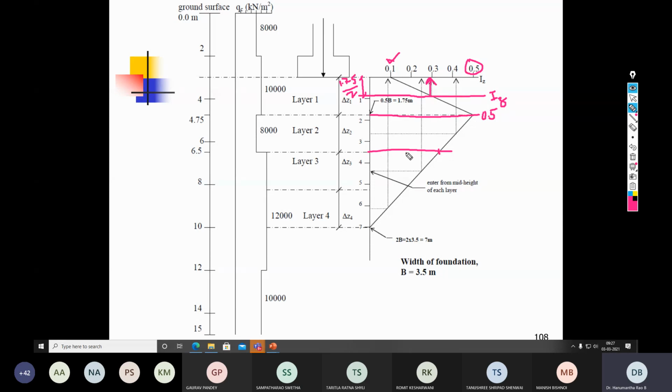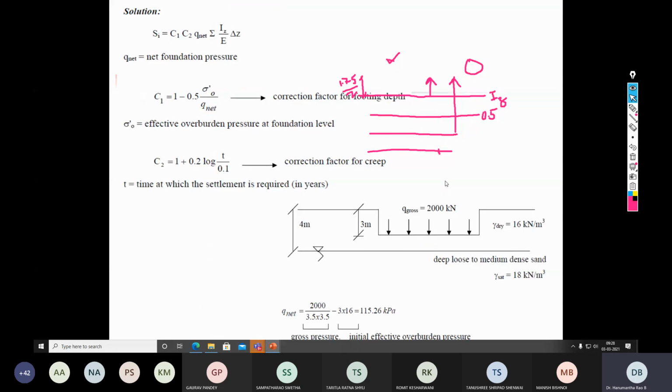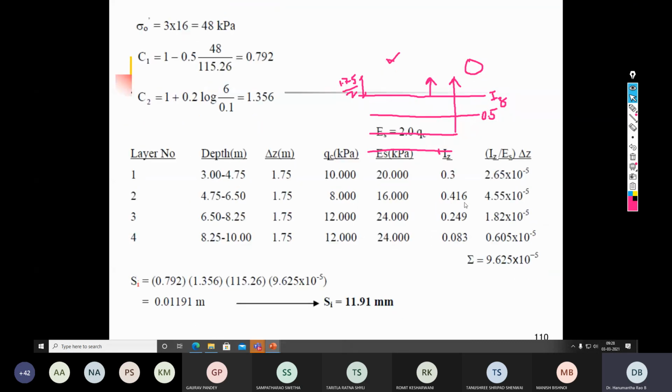You have to determine this minimum value by interpolation again. So first you interpolate between 0.5 and 0, then again at the middle of this layer you need to interpolate the value, and that will be taken as Iz. If you do the interpolation between 0.5 and the bottom at a depth of 6.5 meter, what you get for Iz is 0.416.